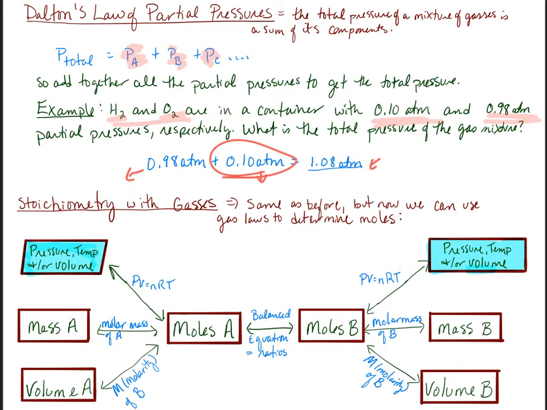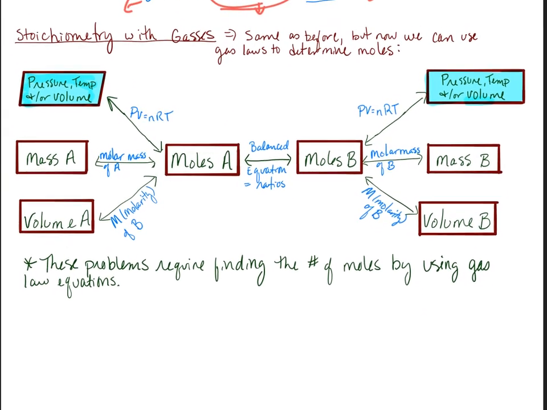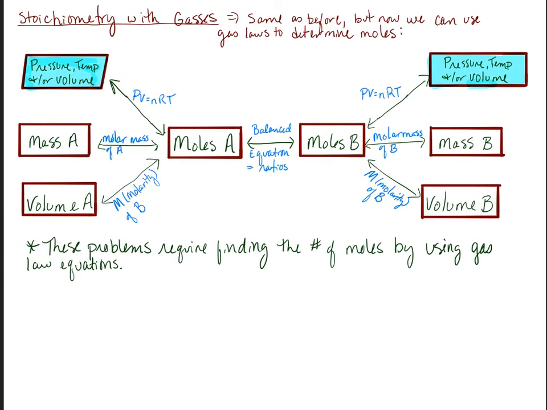So a lot of these problems are now going to focus on what do you have, where do you need to go with it, and using different equations to get where you need to get. Speaking of which, let's move into stoichiometry of gases. Guess what? We've done it before with mass, we've done it with volume and liquids. We can also do stoichiometry with gases.